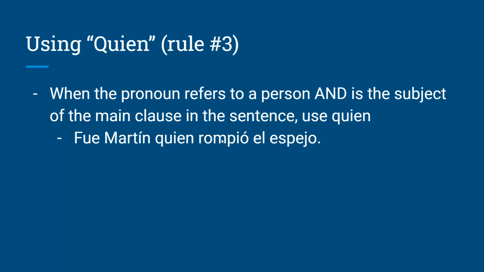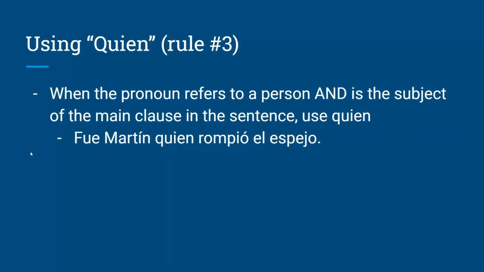Now, what's the subject of broke the mirror? You might think it's Martin, but Martin already goes with this first verb, fue, it was. So the only subject left to us is the word quien, okay? So it is the subject of the sentence, and therefore rule 3 here applies. We're using quien.